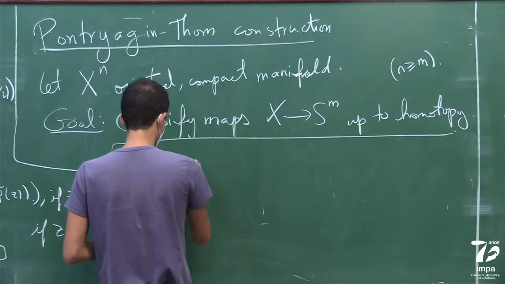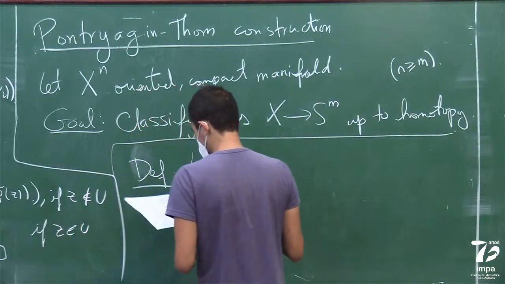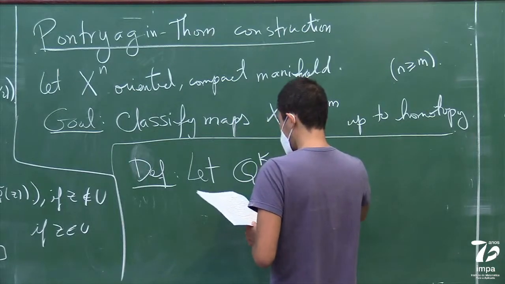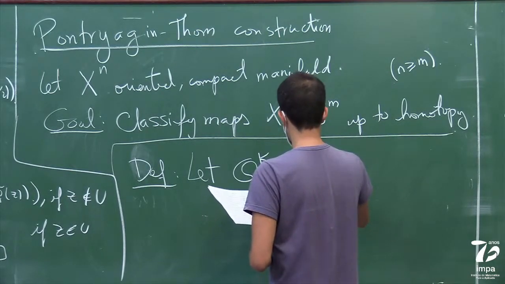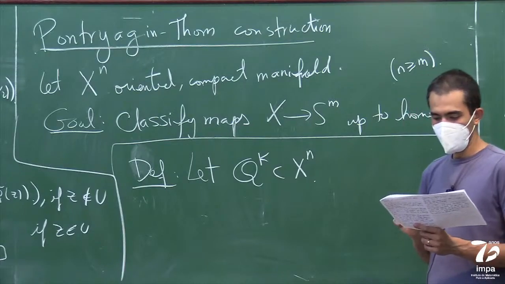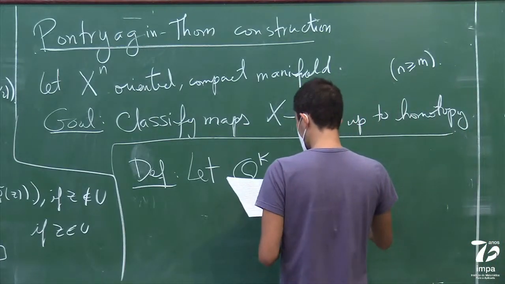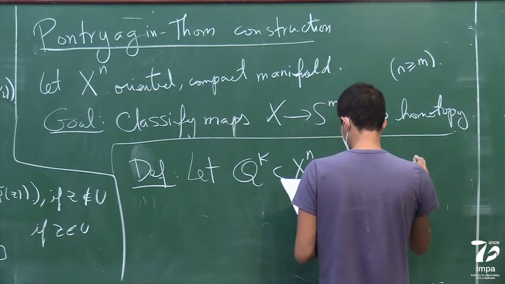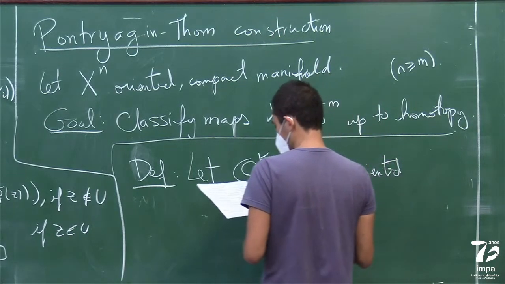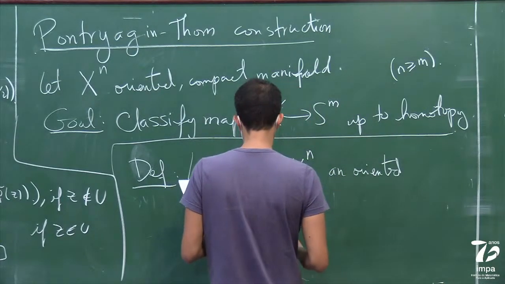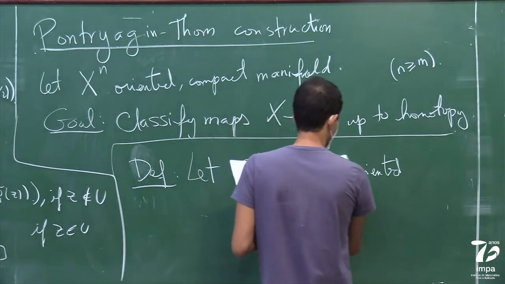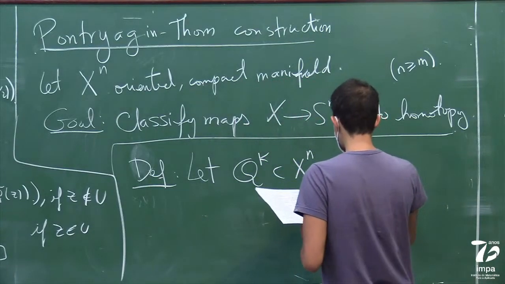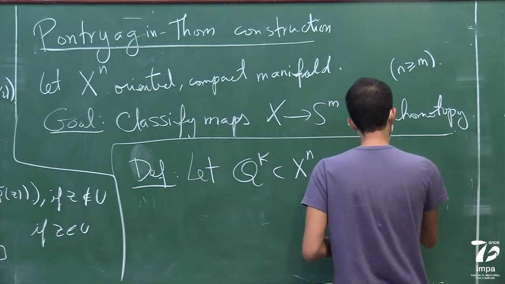Okay, so now let's talk about framings. So what's a framing? If we have a k-dimensional submanifold Q of X, say that Q is a compact manifold. Well, it doesn't actually have to be compact, but let's just say any submanifold, really. So a framing is the following thing.